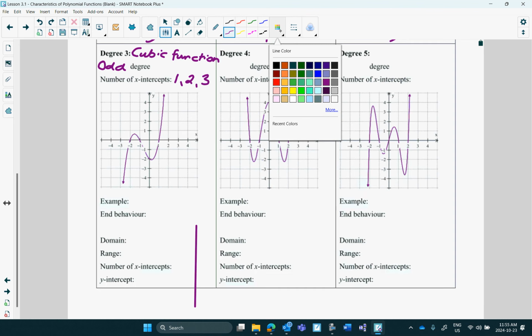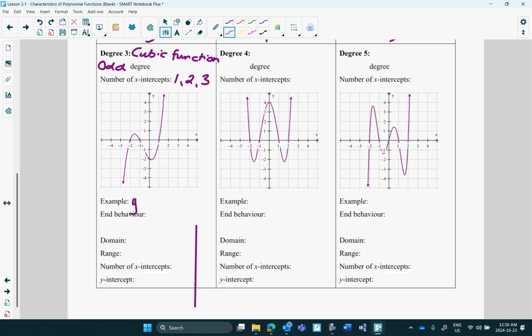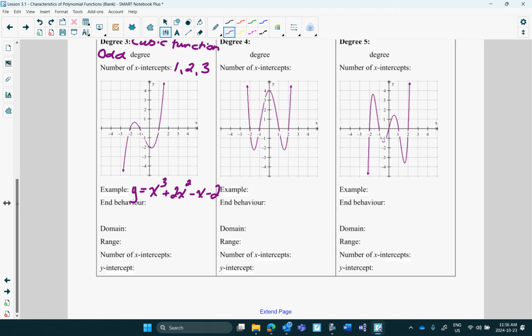Well, this specific one is y equals x cubed plus 2x squared minus x minus 2. That's the equation of this one. What's happening on the ends? If we go to the left side, it's down into Q3.